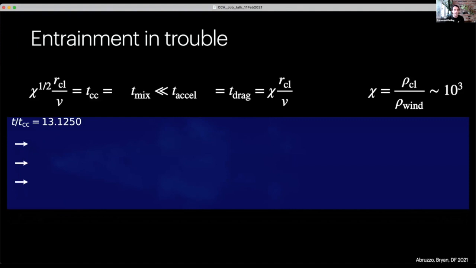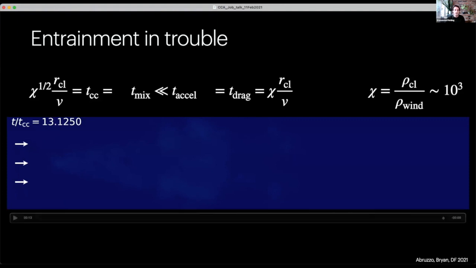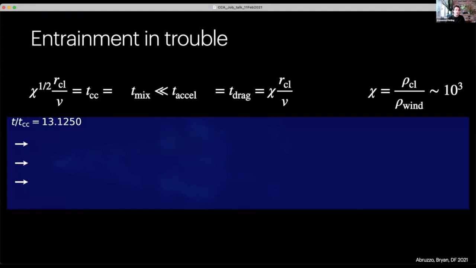And when we look at this quantitatively, it turns out that the mixing time for these clouds is shorter than the drag time by a factor of about chi to the 1/2 power. You can see this has a chi to the 1/2, this has just a chi. And chi here is the density contrast, so the ratio of the cloud density to the wind density.